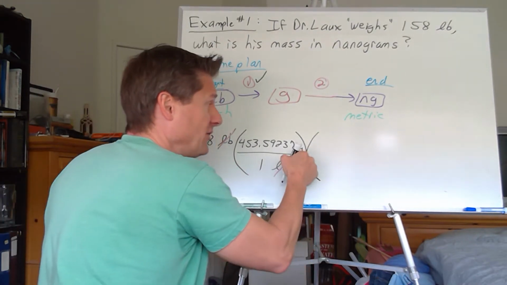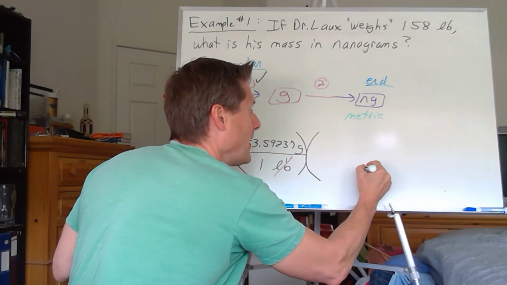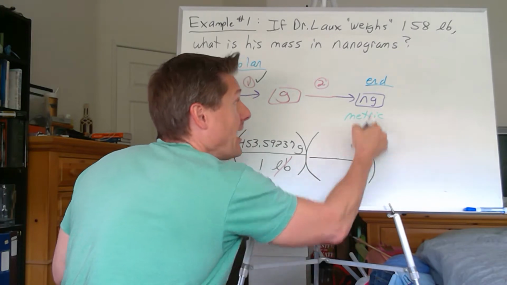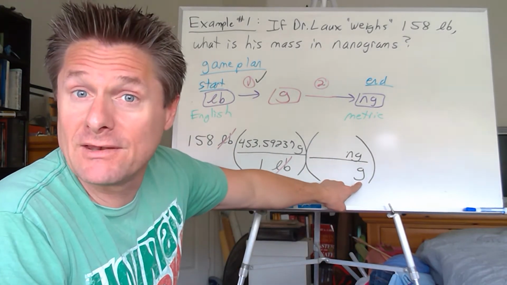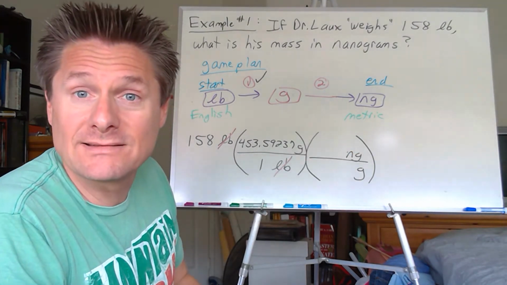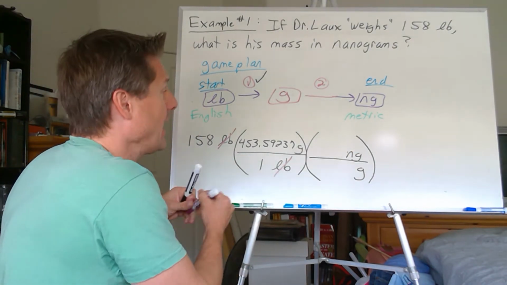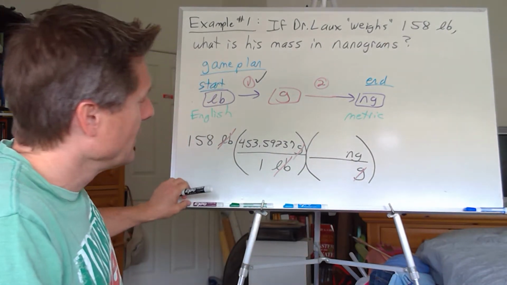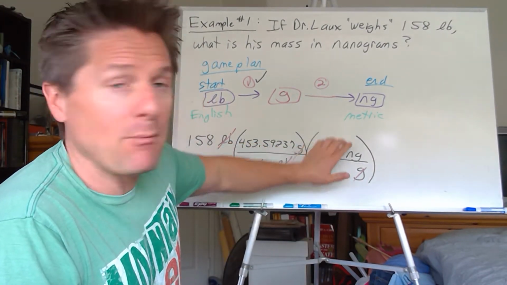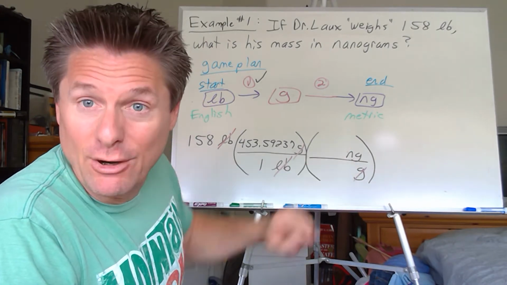Now let's do step 2. We've got grams in the numerator, so we want grams in the denominator and nanograms in the numerator. The unit you are getting rid of goes in the denominator and the unit you want to get goes in the numerator. That allows me to go, hey, grams in the numerator, grams in the denominator, they cancel out. This I would expect you to memorize. So I know a gram is bigger than a nanogram, right?